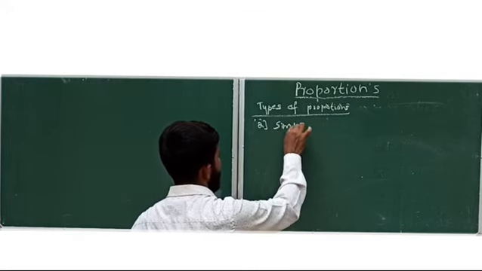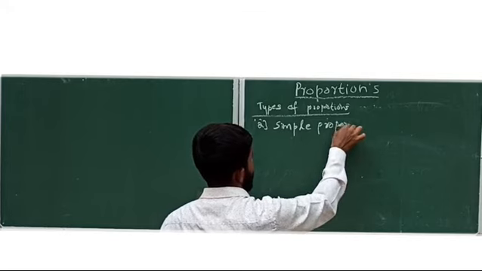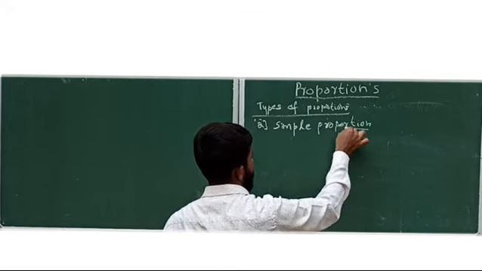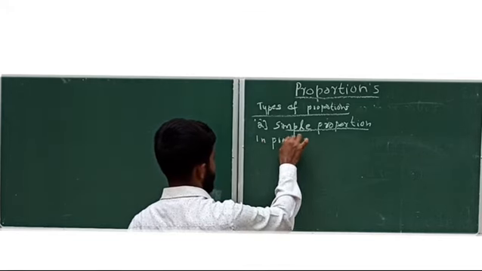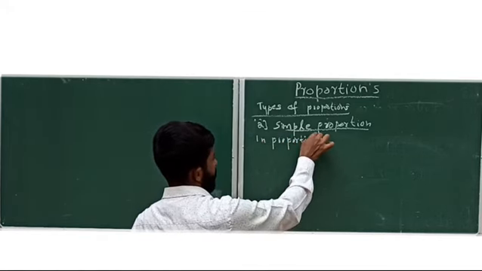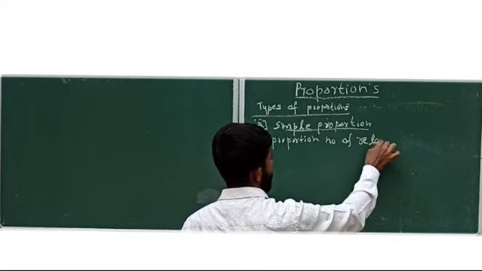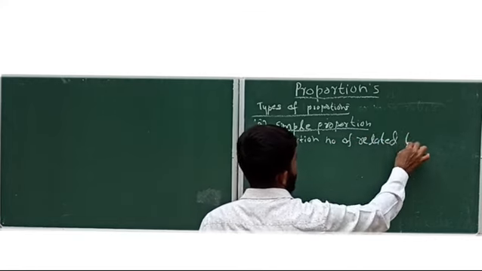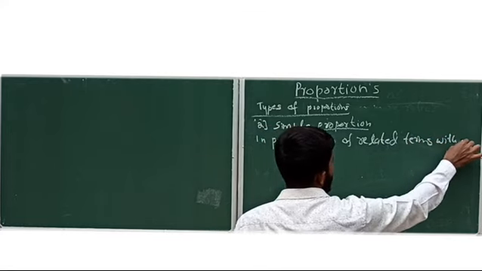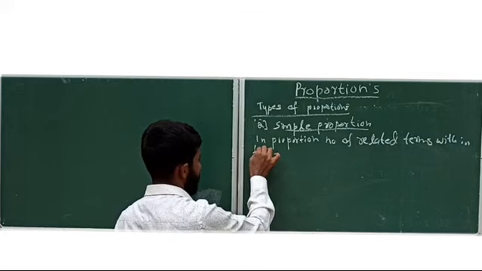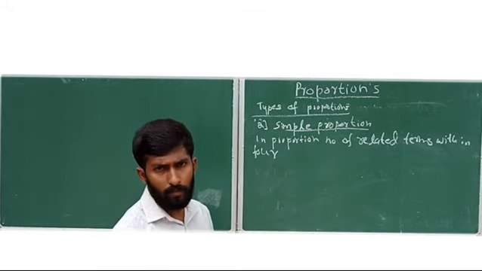Second type is simple proportion. In a proportion, if the number of related terms is within 4, in that case we call that proportion a simple proportion.